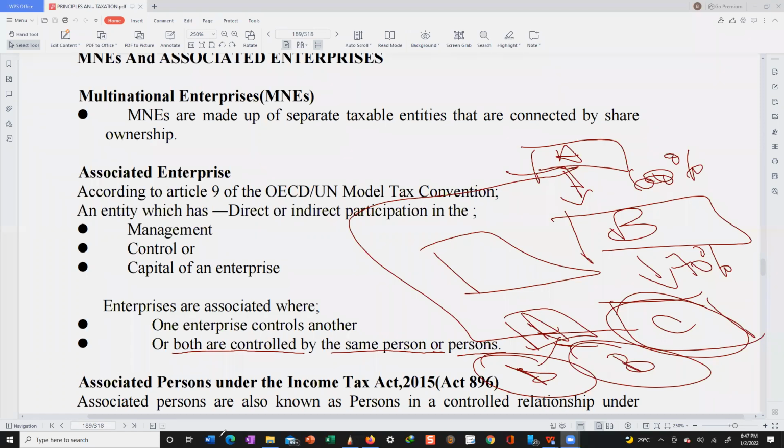If nobody has a question, can somebody answer this one? Assuming we have an entity somewhere here, which we call entity E, and entity E has a management personnel participating in entity A directly, would that be an associated enterprise? Yes or no? You post it in the chat column.